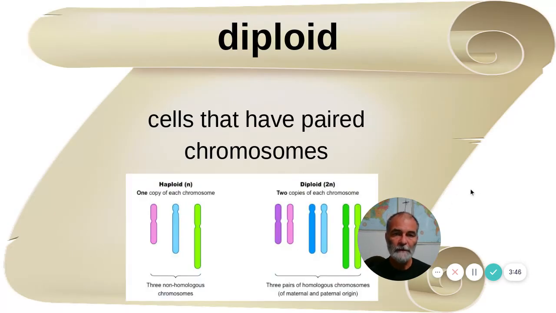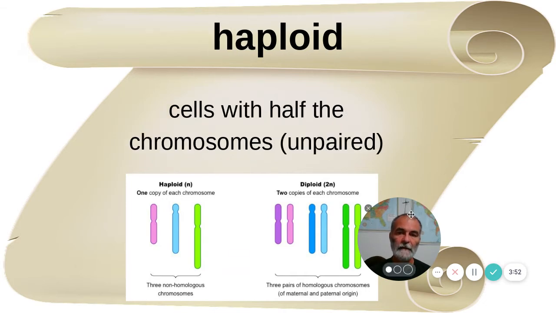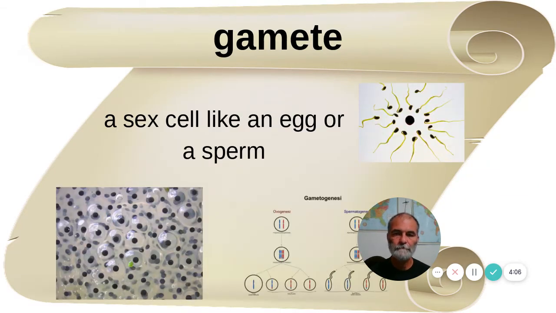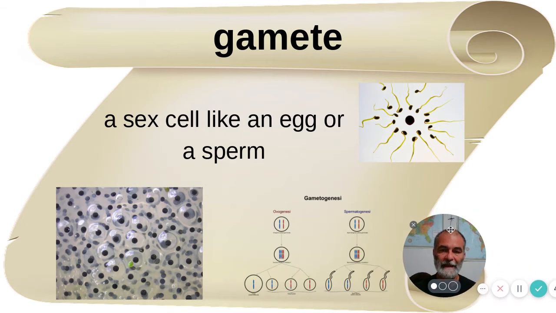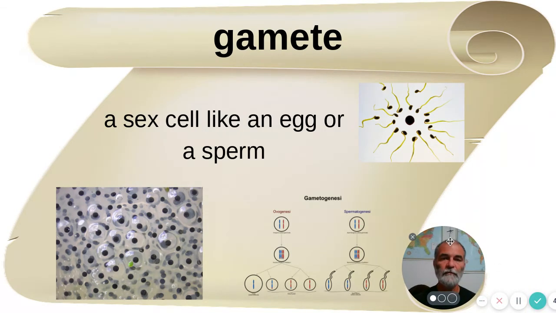So again, diploid cells have paired chromosomes. Haploid cells have half, or unpaired, chromosomes. You can see the picture here that shows how diploid and haploid cells work and how the DNA and the chromosomes inside of them look. Gametes are the sex cells, the egg and the sperm, that are formed during the process of meiosis.